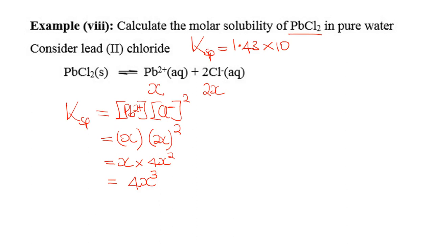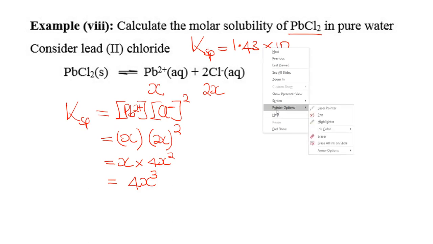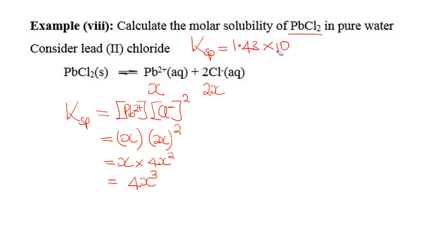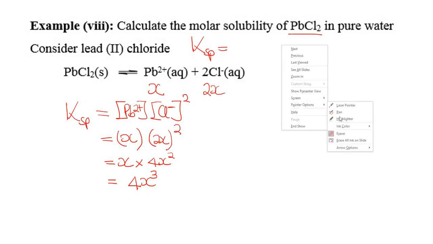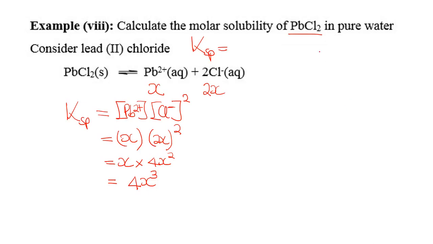Alright, let me just make a change for the KSP. I forgot to put it in there. So the KSP of lead chloride is 1.17 times 10 to the power negative 5.